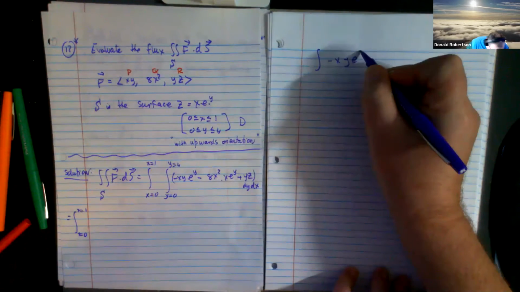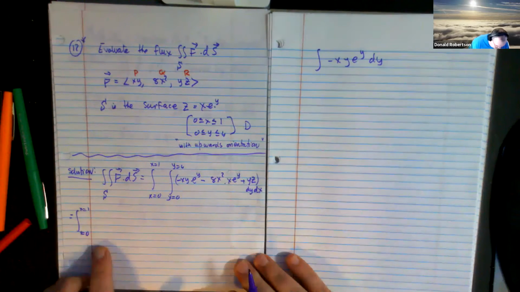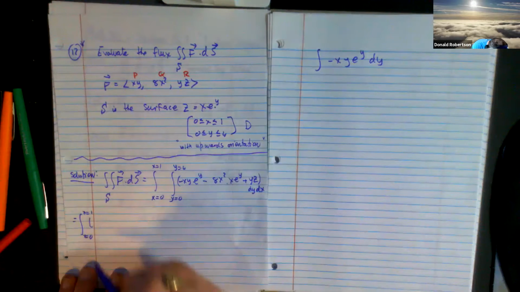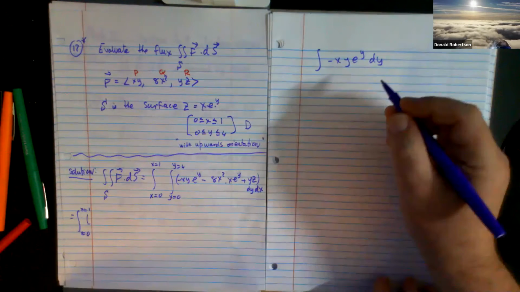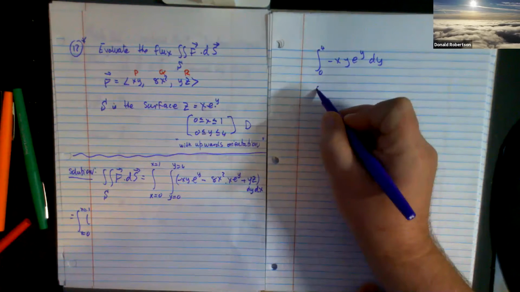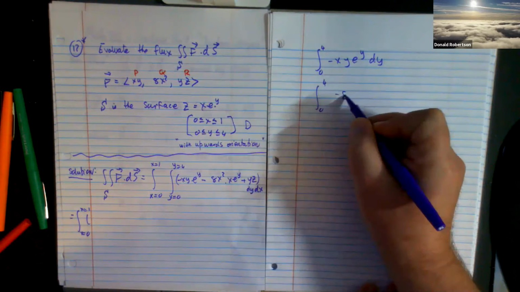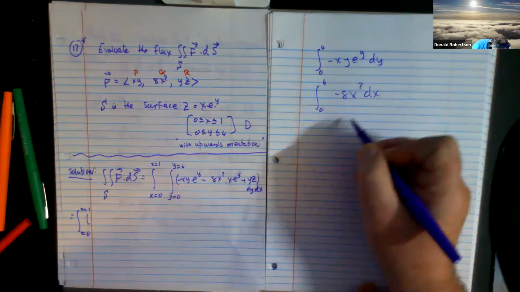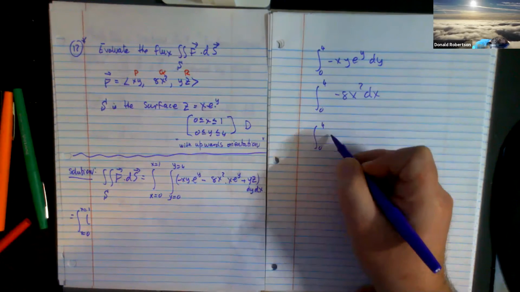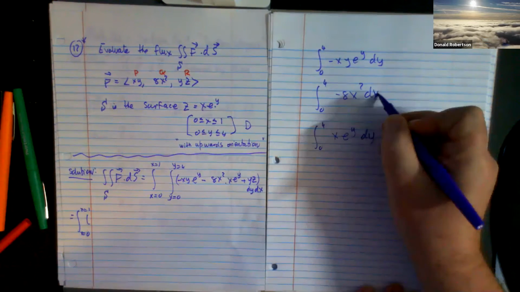I've got to get this fella done, from 0 to 4. We've got this guy to do, this guy to do, and lastly, we have this guy to do.